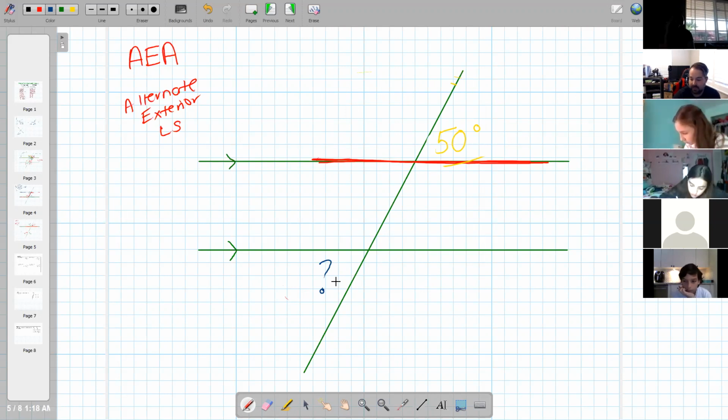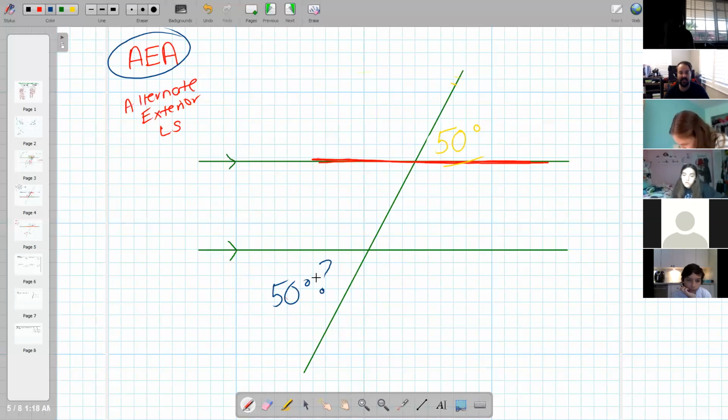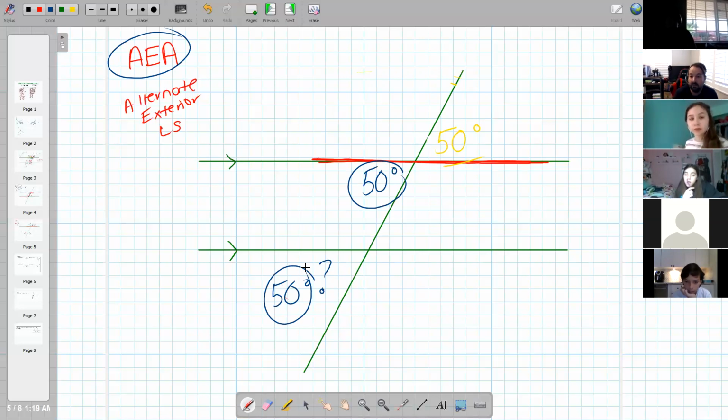Somebody who's really good with their vocab words might say, that's 50 degrees because it's AEA. It's an alternate exterior angle. I'm done. I proved it. AEAs are always equal. But somebody else might say, well, I think it's 50 because the angle across from 50 is also 50. That's a vertical angle. And then this angle and this angle are corresponding. Well, that proves it's 50, and they're also correct.